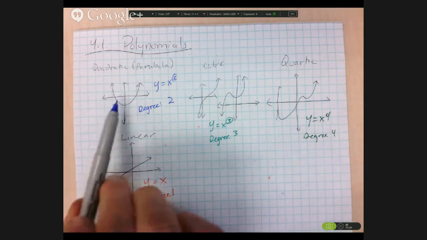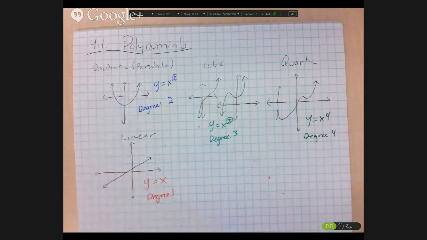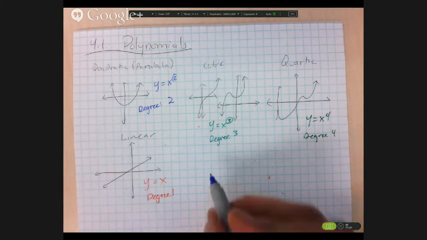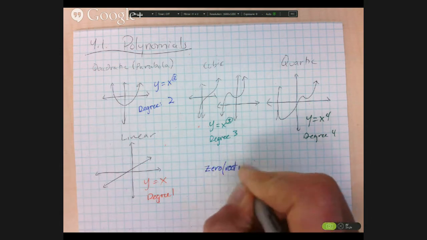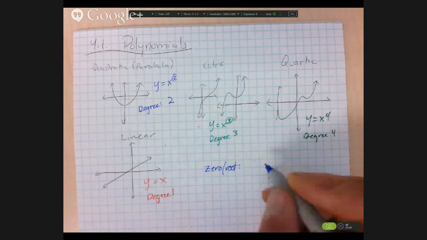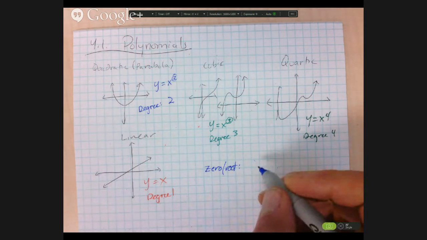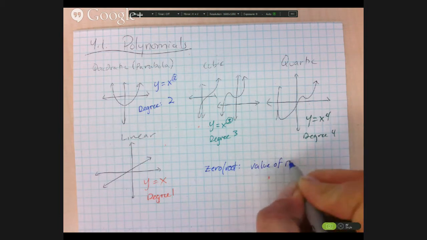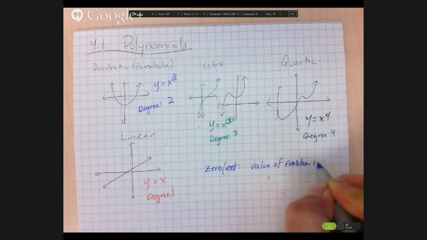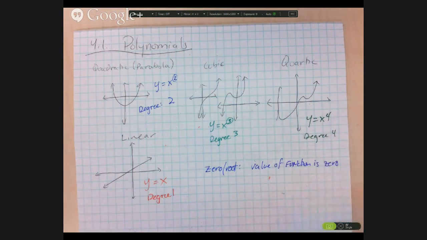How many solutions? You guys remember what zeros and roots are, right? Okay, there's one interpretation. The value of the function is 0.